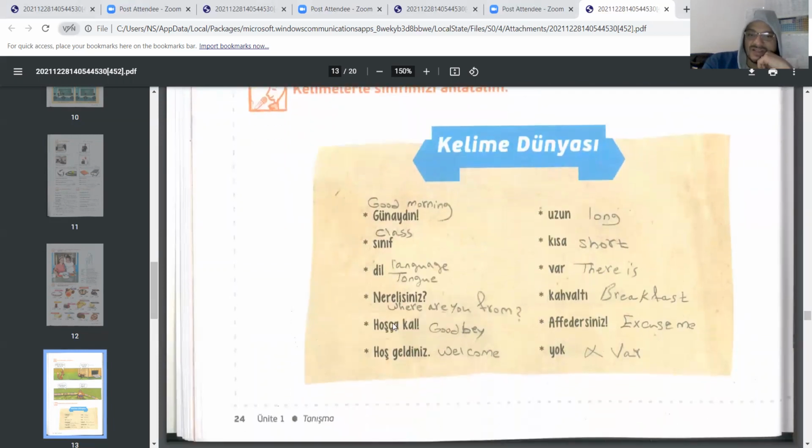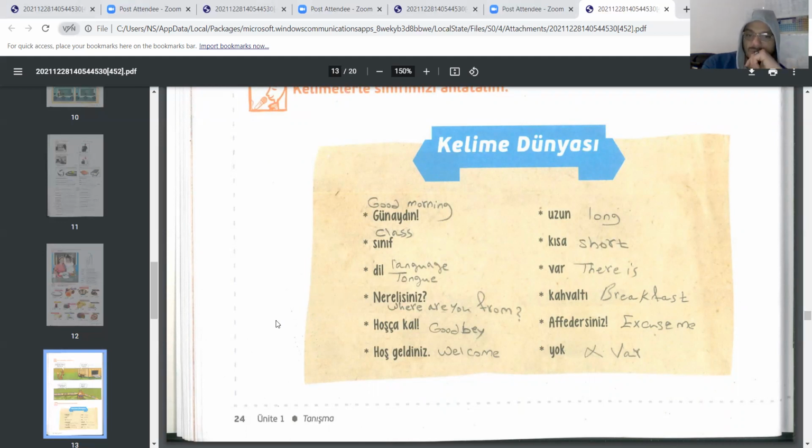Günaydın, good morning, sınıf, class, dil, language, and tongue. Dil has two meanings, language and tongue. Another example: yüz means the number 100, and at the same time it means face, and it has another meaning, to swim. Yüz has three meanings. Dil has two meanings, language and tongue.